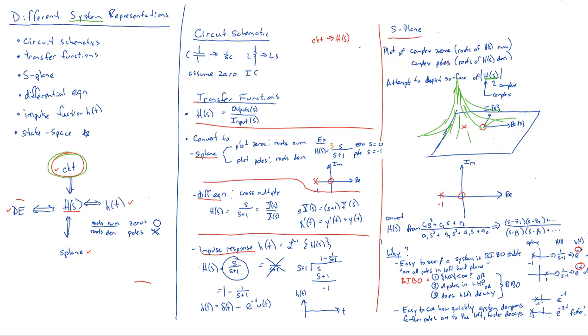So you can quickly look at a system's S-plane plot and say, man, if we'd like to have this thing decay faster, just push that pole to the left. If we want to have it decay more slowly, push it to the right. If we want to make it unstable, push it into the right half plane.